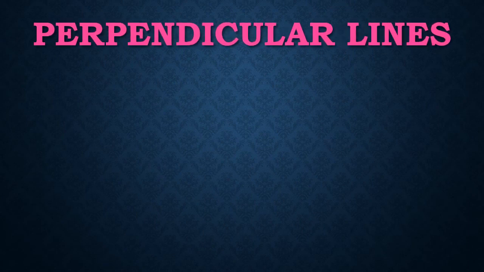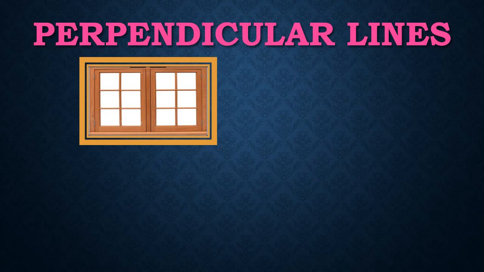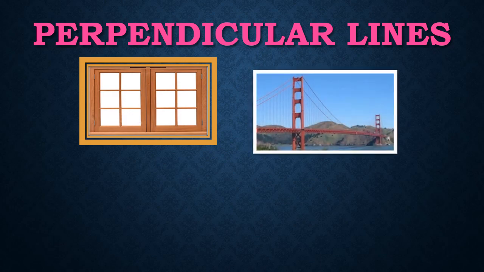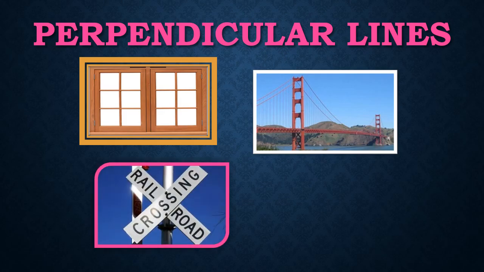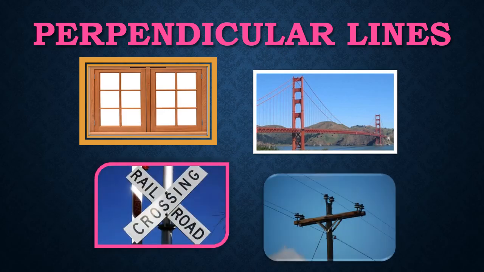How about perpendicular lines? Where can we see perpendicular lines in our surroundings? So I have here examples of perpendicular lines: a window, a bridge, a railroad crossing sign, and an electrical post. So what is the common property among these examples or pictures?